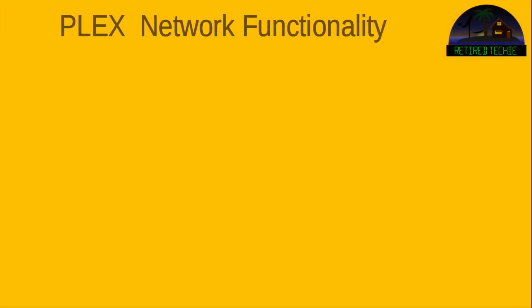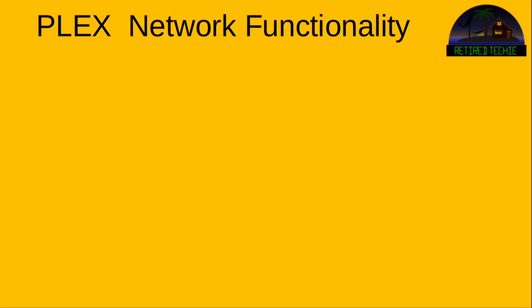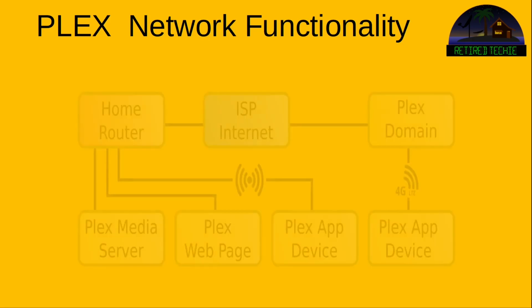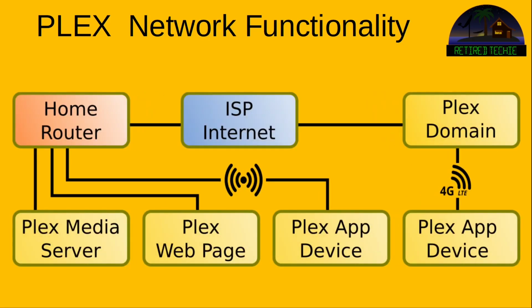Plex network functionality. Our Plex Media Server is an application we install, which is separate from the Plex application that goes on other devices. It can be accessed via the web. So if you have a GUI on your media server, you can open localhost. If not, you can use another computer in your network.